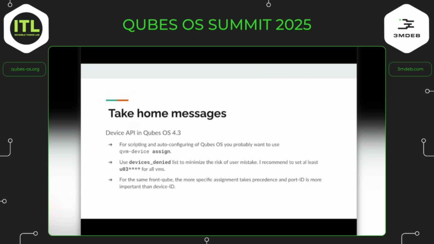My recommendation is to set it to U03, which eliminates the possibility to attach the HID devices to VMs, which is usually not desired. And for the same front cube, the more specific assignments take precedence, and port ID is more important than the device ID. Okay, that's all from my side. Thank you for your attention.